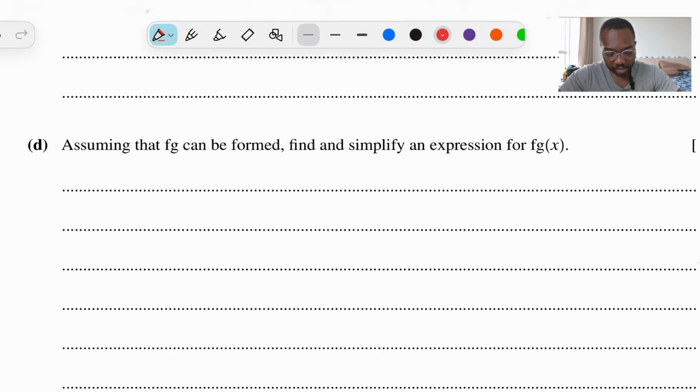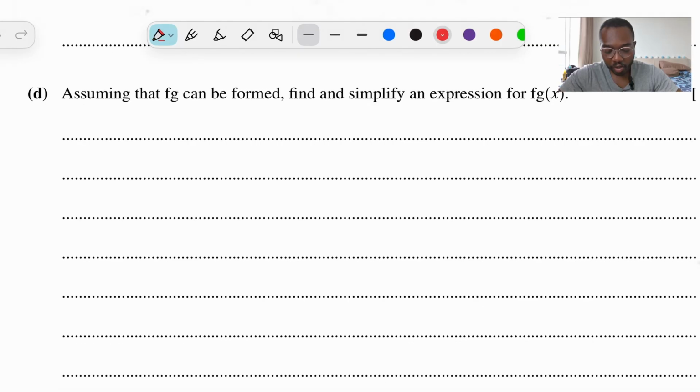And for part D, assuming that fg can be formed, find and simplify an expression for fg of x, okay? So again, we know that fg of x is the same as f of 2x. So we just need to put 2x into our equation of f of x, and that should give us our answer. So what is f of x?